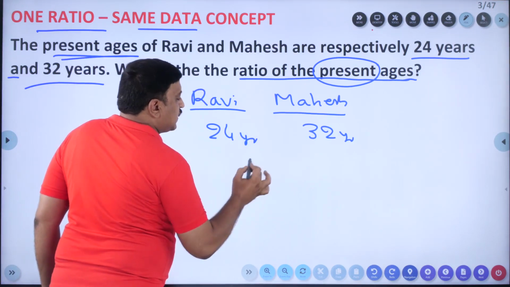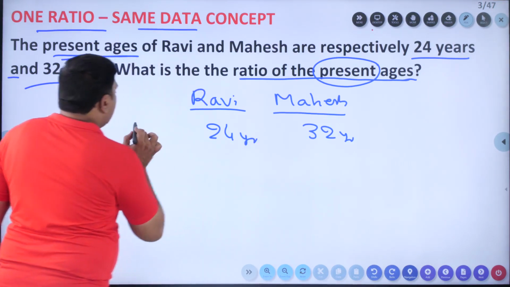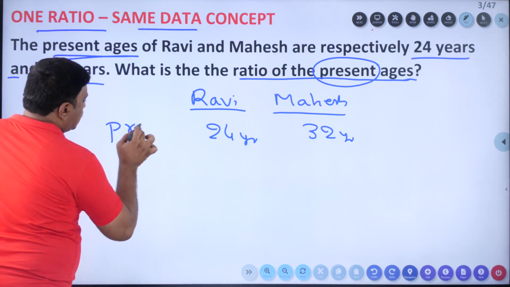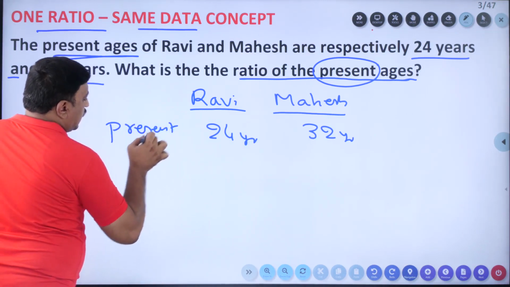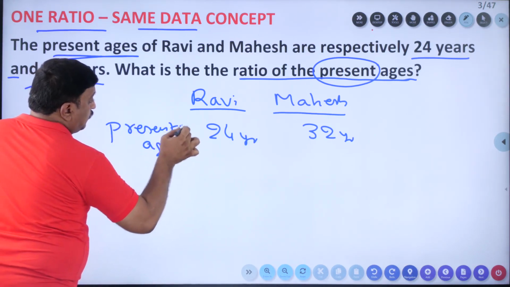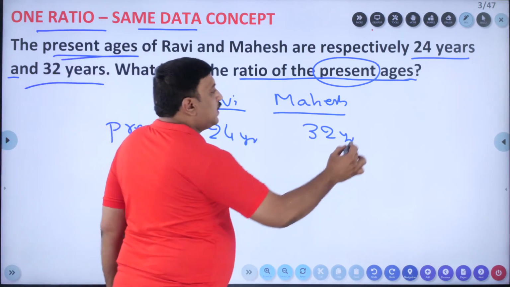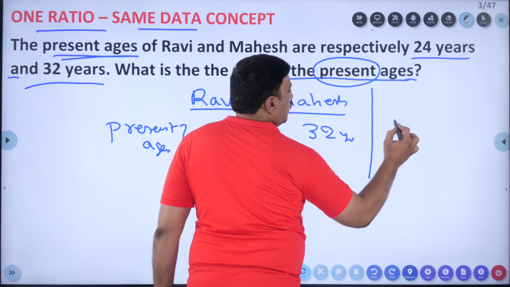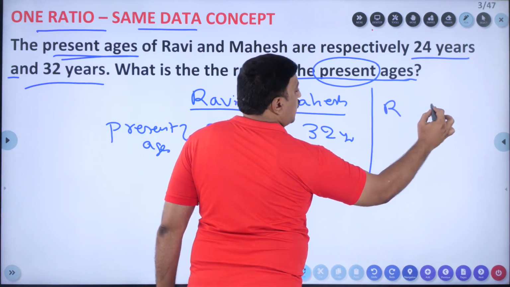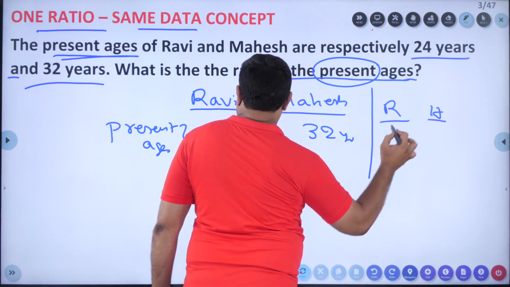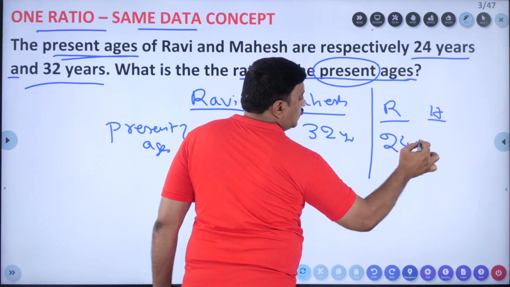24 years, 32 years means the ratio is nothing but, make it a habit of writing present ages, 24 years, 32 years, right? Now I'll make this one in the ratio form. It is Ravi and Mahesh, 24 is to 32.